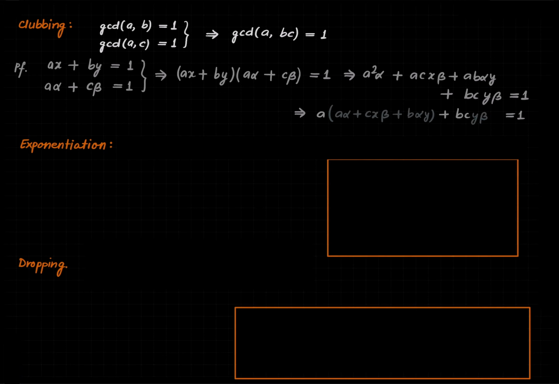Okay. So just by opening the brackets, we see that A times some integer plus BC times some integer is 1. And therefore, the GCD of A and BC is 1. Because if you pick a common divisor of A and BC, it's going to divide 1 because it is going to divide the left-hand side. And therefore, any common divisor has to be equal to 1, showing this equation.